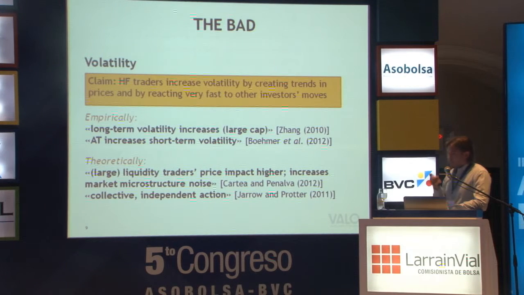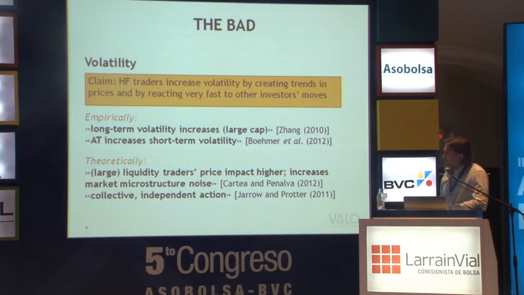So it has been claimed, again, that volatility would go up with more HFT guys around. There are a few papers on this, and they find, for instance, that the long-term volatility, meaning quarterly volatility, would go up. And even short-term volatility would be increasing.